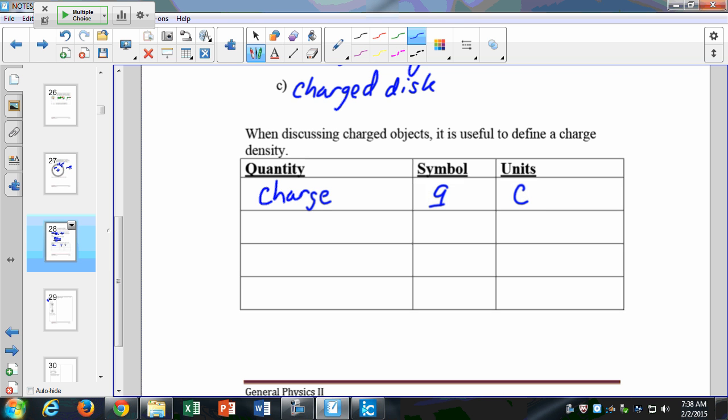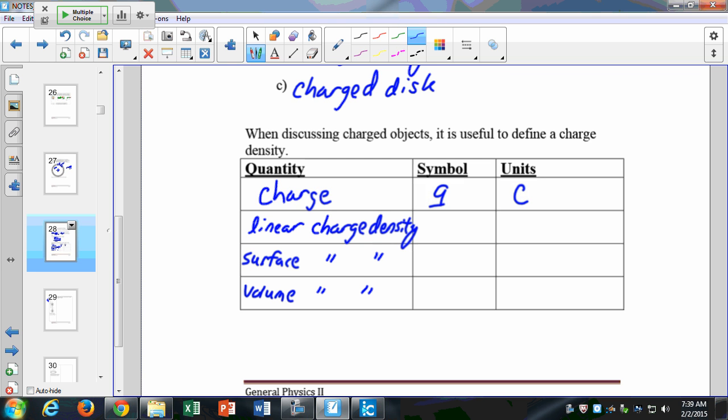But then also we have charge densities. We can have a linear charge density. That is how much charge along a line, how many charges per unit length. And then we can also have a surface and a volume charge density. So the linear charge density will be how many units of charge per unit length.